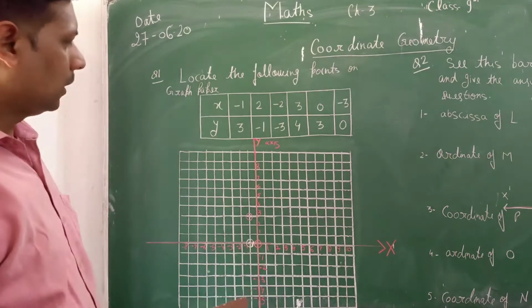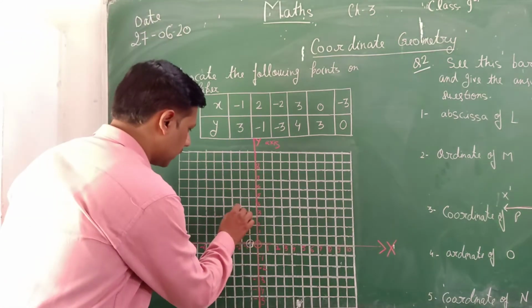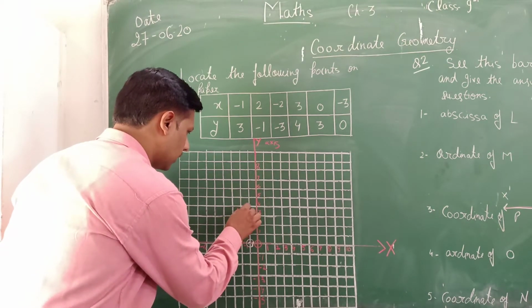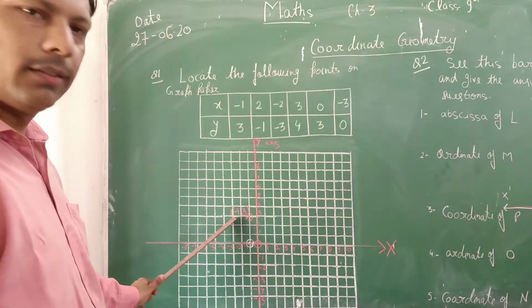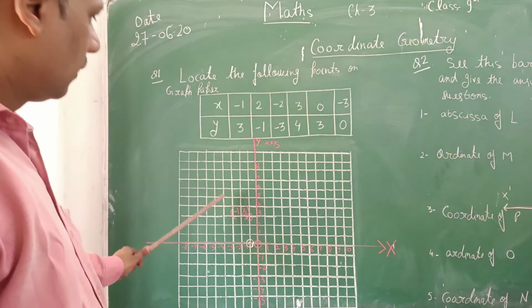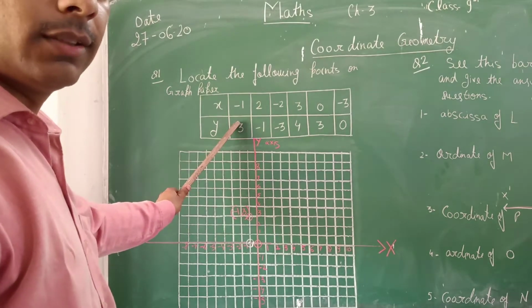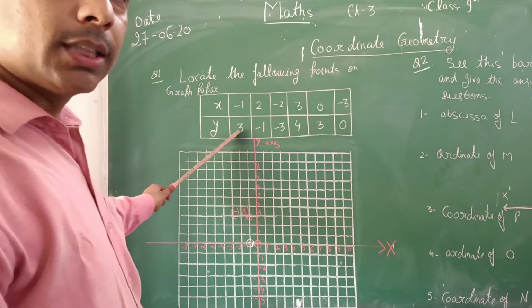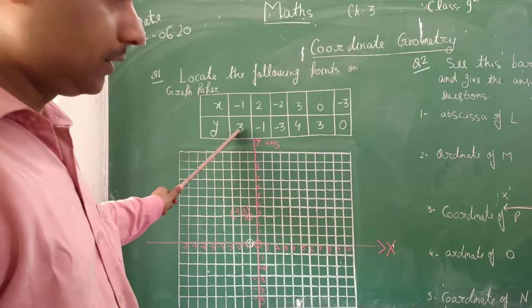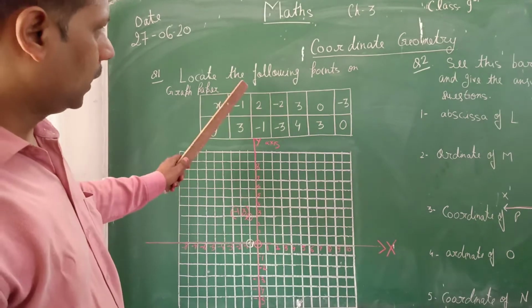This is the location of the point (-1, 3), right? In the second quadrant, yesterday we discussed this, minus and plus sign lies in the second quadrant. Okay? Now, point number 2, that is (2, -1).